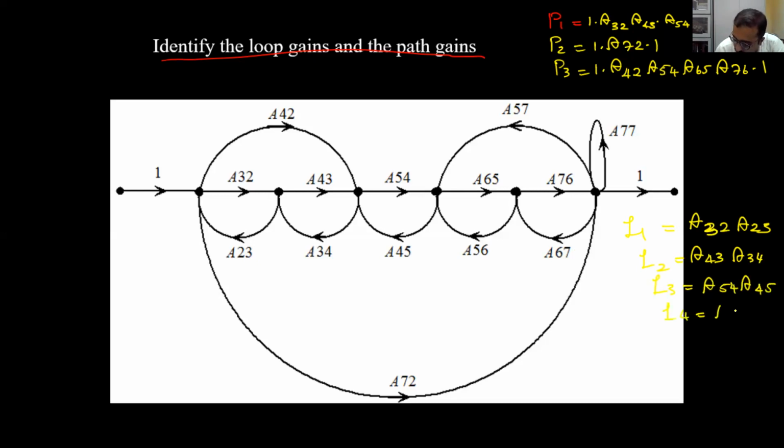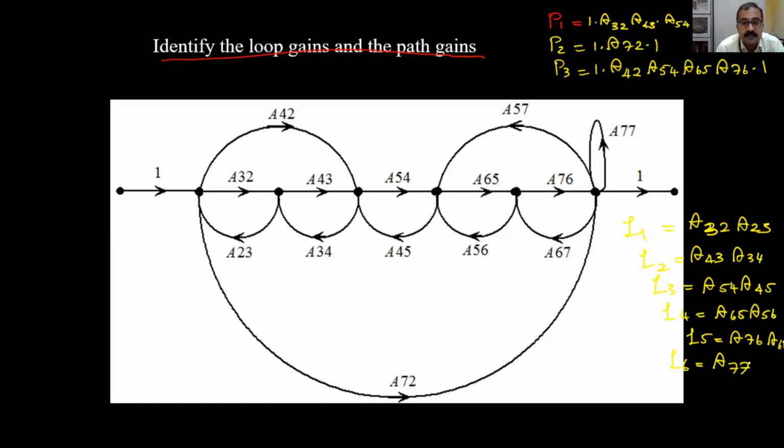L4, A65, A56. L5, A76, A67. L6 will be A77. Right? Any other loop?